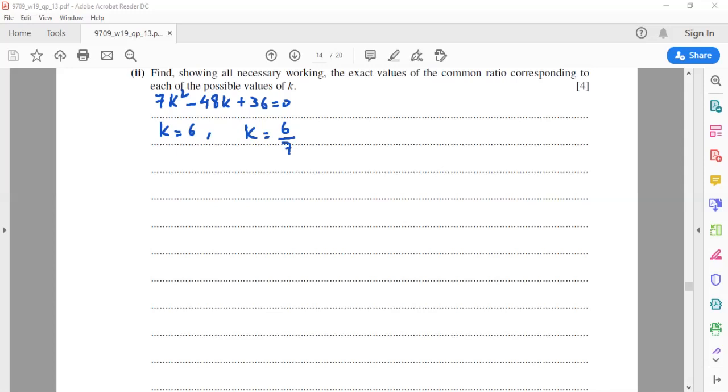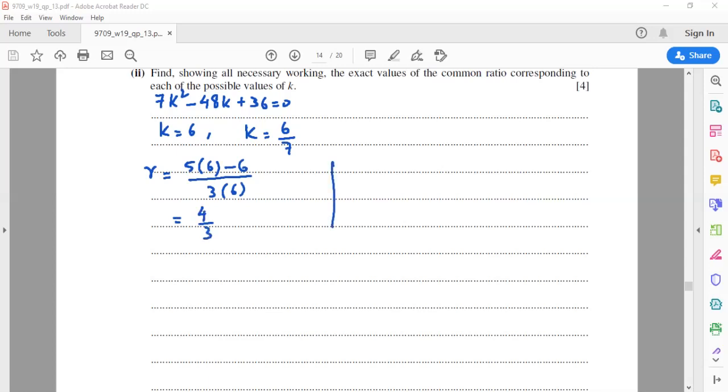Now if we want to find the value of r, it's quite obvious when k equals 6. It is 5k minus 6 divided by 3k, so it's 3 times 6. If you simplify this, you'll get 4 over 3.